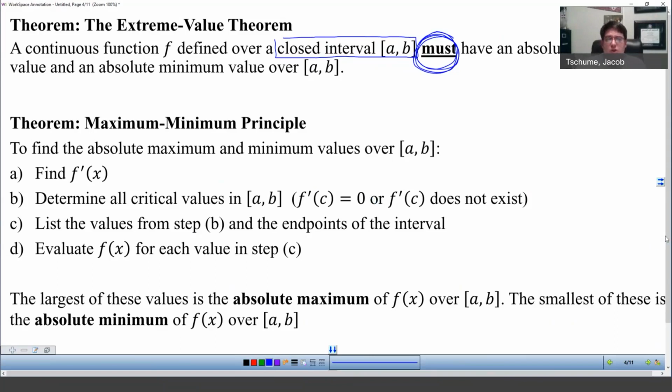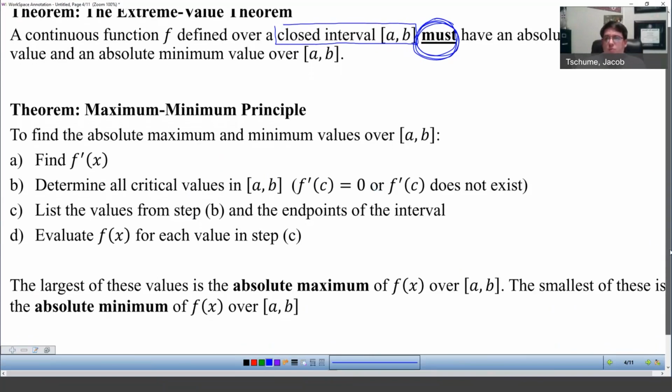Now, how do we actually go about solving this problem? There's a theorem called the maximum-minimum principle, and this is the technique we will use to find absolute max and mins. So part A, find your derivative. Just like you normally would in a graphing problem, find f prime. Find all of your critical values.